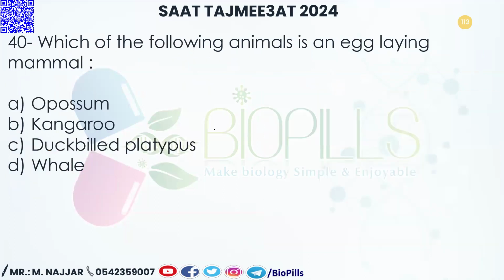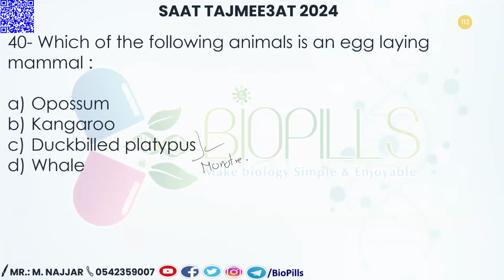Question number 40. Which of the following animals is an egg-laying mammal? The only egg-laying mammal. What is the only egg-laying mammal? It is a duck-billed platypus, which is a monotreme.